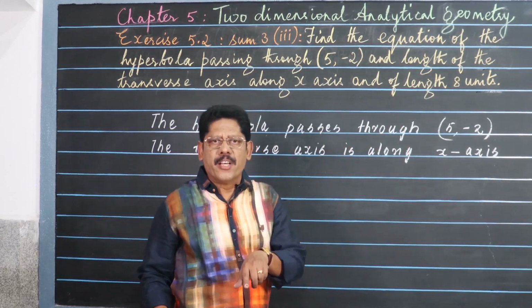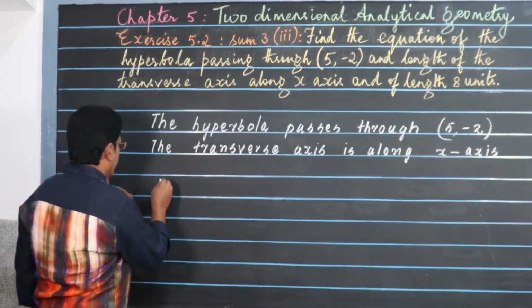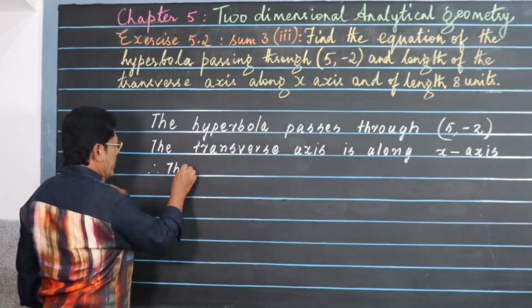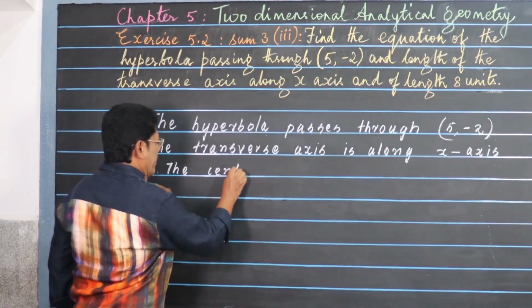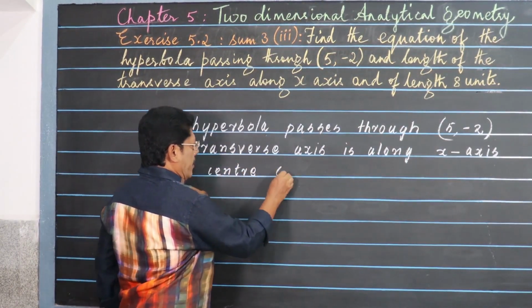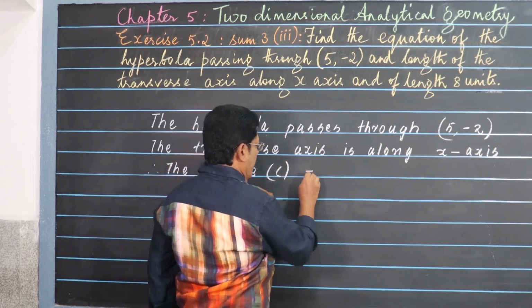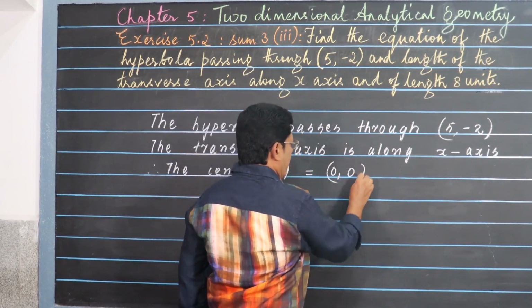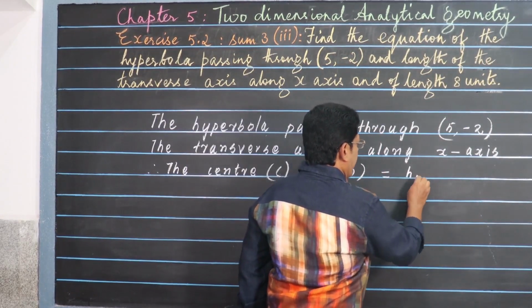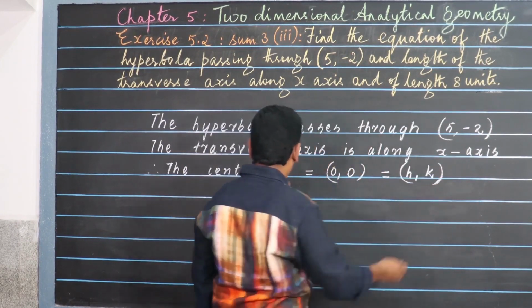Therefore, clearly the center will be at the origin. Therefore, the center C is equal to (0, 0), which is denoted as (h, k).